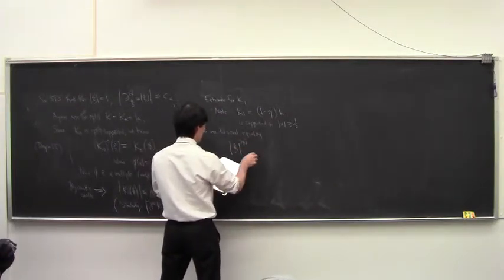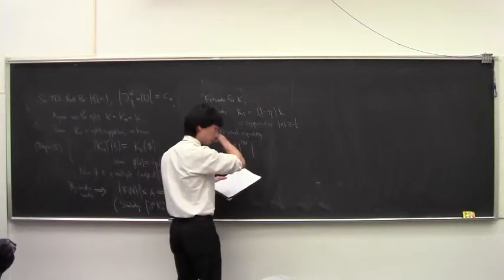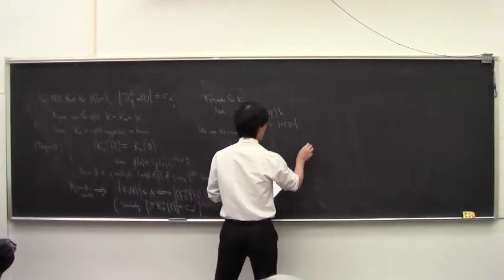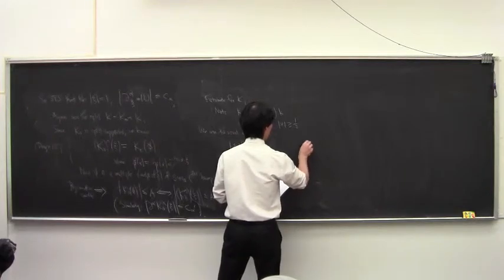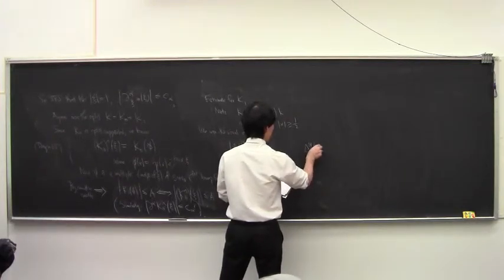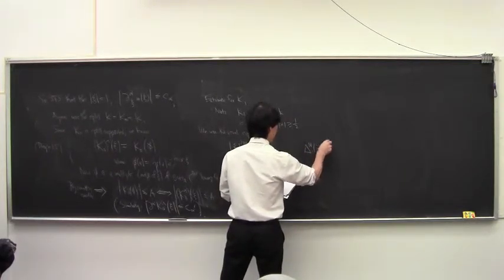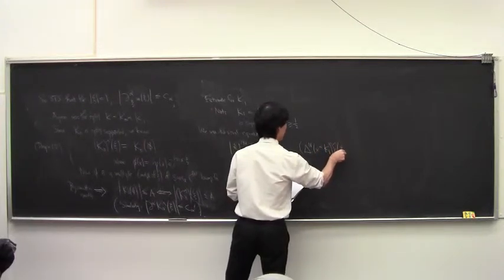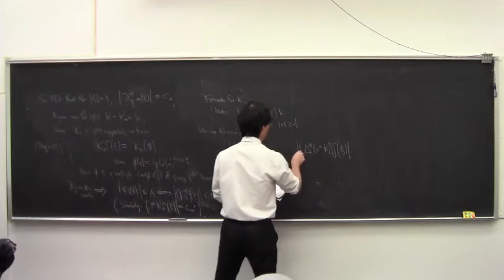absolute value of c to the 2n, applying the Laplacian to this, taking the Fourier transform. Right?